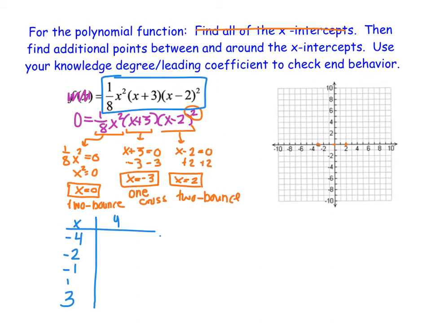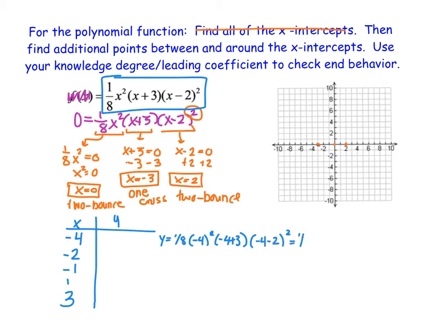So if we start, we'll do y equals 1/8, then I'm going to substitute x squared in there. So I have -4 squared times, that's going to be -4 plus 3, and then -4 minus 2 squared.